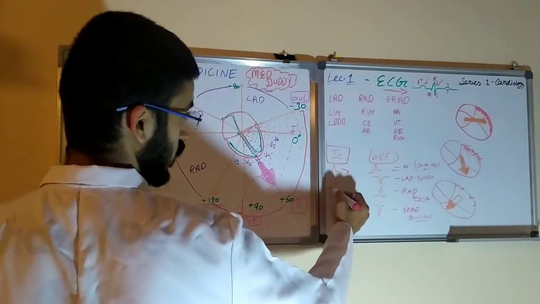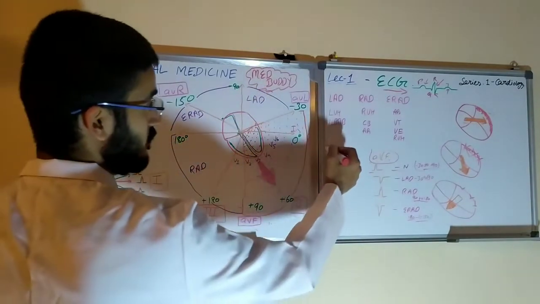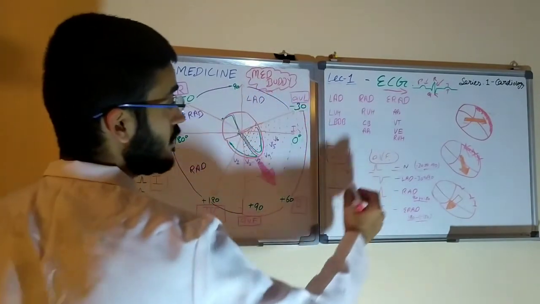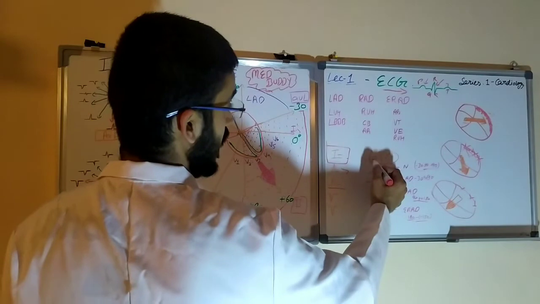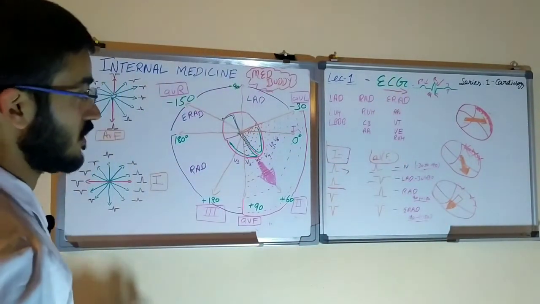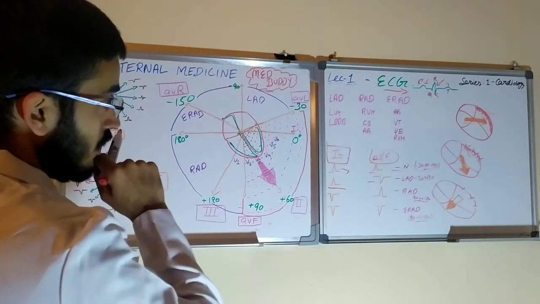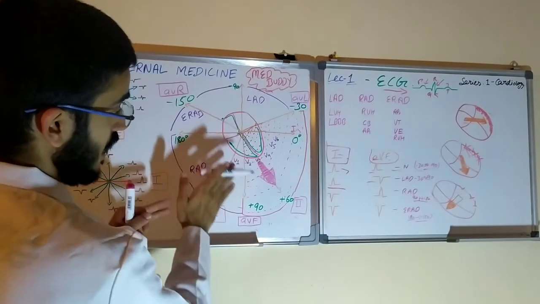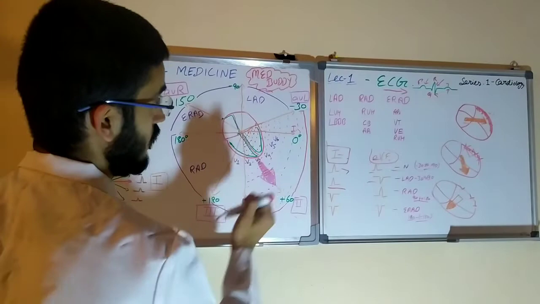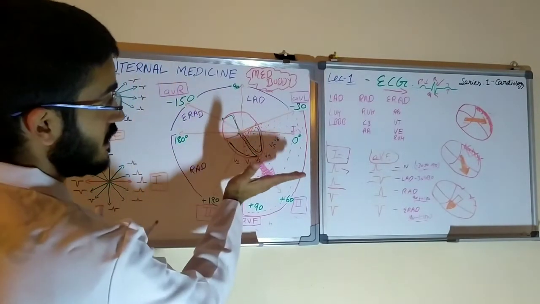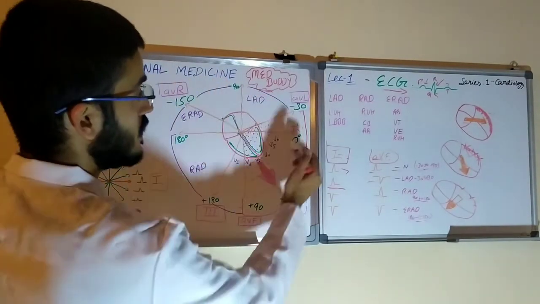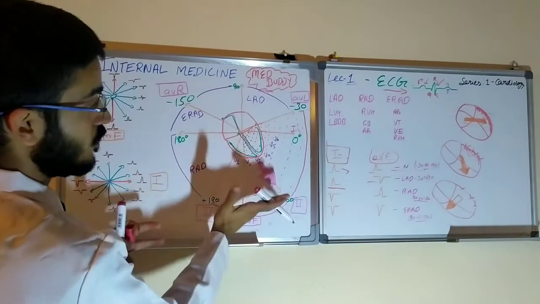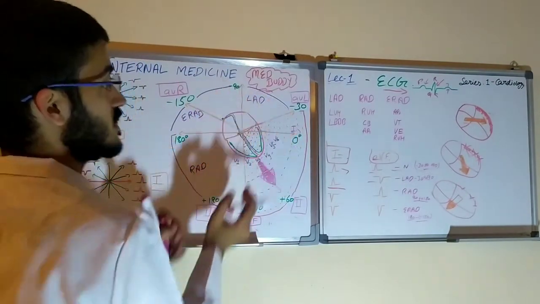And if there is a positive wave in the first lead and a negative wave in the AVF, now see how it is going to work. It simply means that the axis has deviated towards the left, which means it has deviated more towards the first lead. This is the normal axis, and it has deviated more towards the first lead.